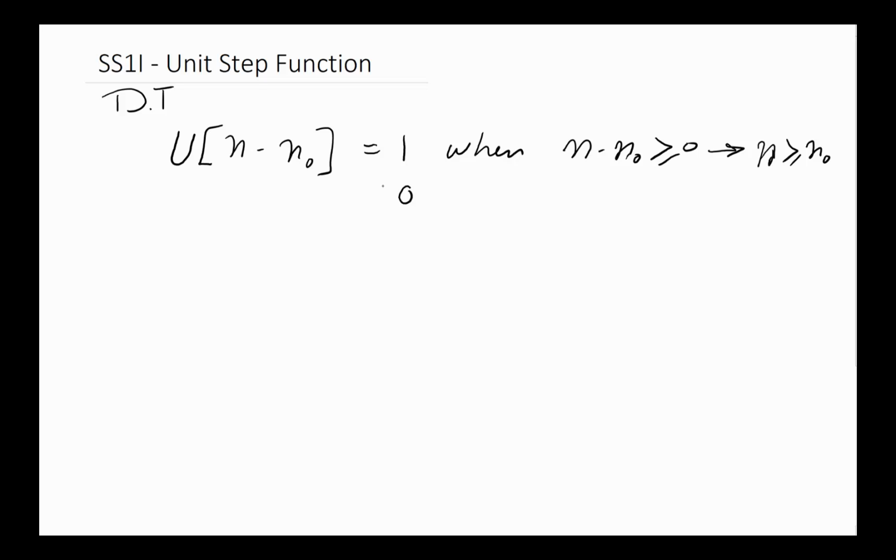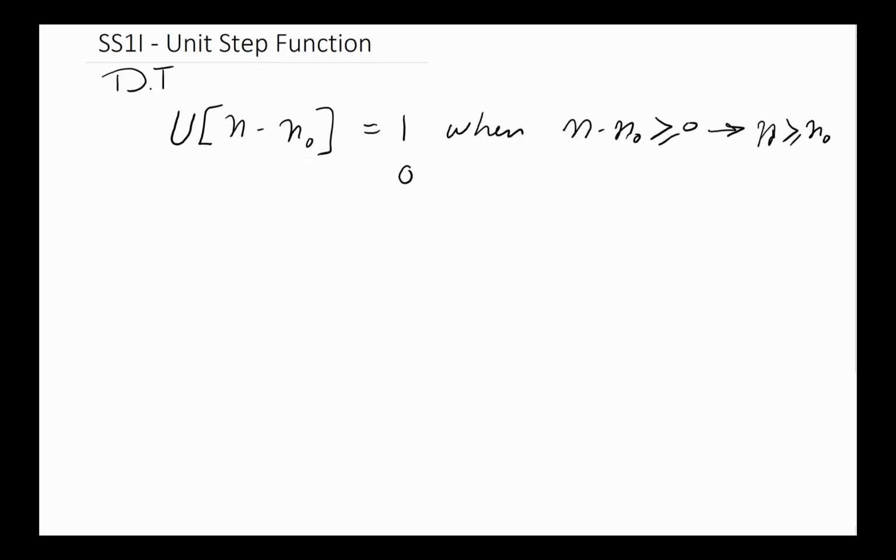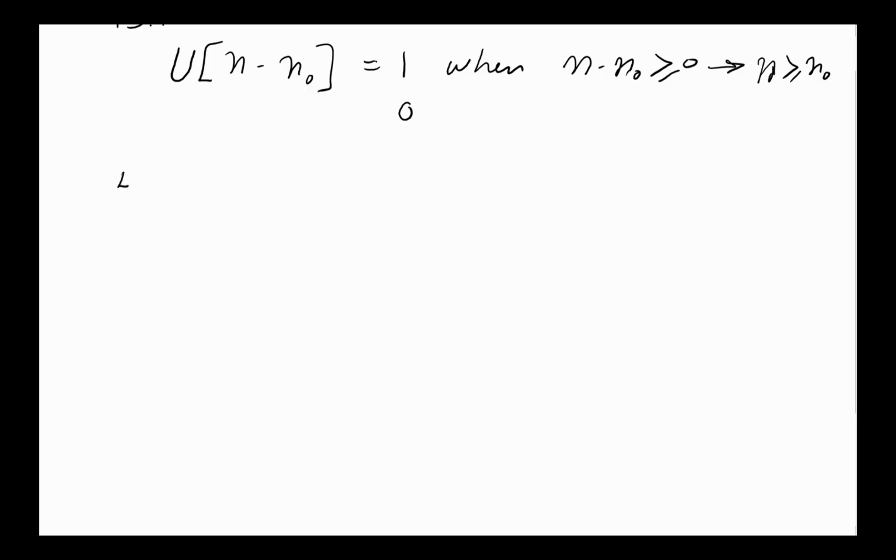We talked about the impulse function a little while ago. This is basically a way of representing a whole series of impulse functions. But let's take an example and see if we can draw it using the definition. Let's say someone gives us a step function u[n minus 3] and asks us to show it.